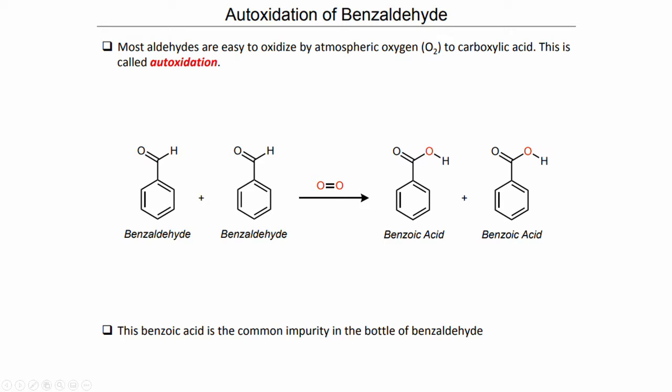This can be seen here, where we have two molecules of benzaldehyde and a molecule of oxygen, and the oxygen will come over here and form two benzoic acids. Because of this, benzoic acid is a very common impurity in our benzaldehyde stock bottles.